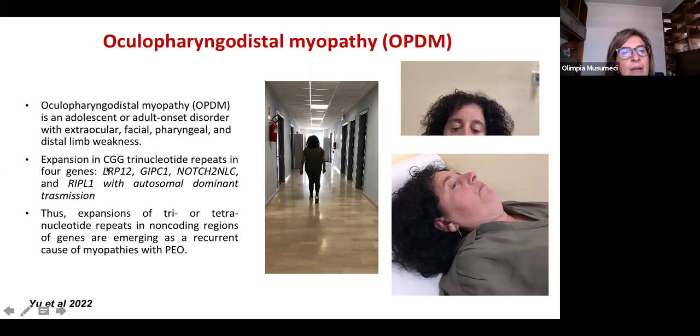In particular, 4 genes have been recently described, with this emerging new phenotype as a cause of recurrent PEO.